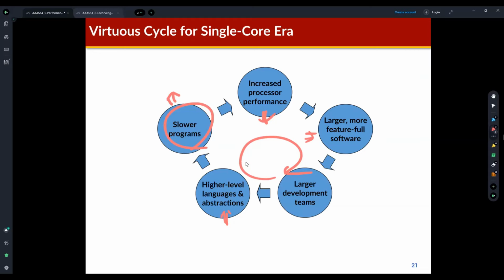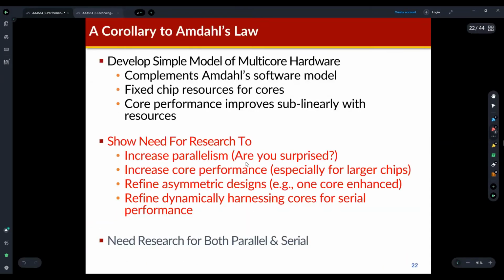But recently most CPUs have multi-cores, that is the multi-core architecture, and we can exploit these multi-core systems. And how can we apply Amdahl's law? If we apply multi-core hardware, Amdahl's law starts from a very simple assumption.